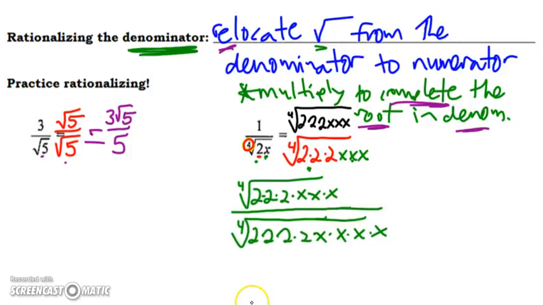And the reason why I was doing this is because I need 4 of something. Down here, the fact that I have 4 2's means I get to pull out a 2. And the fact that I have 4 x's means I get to pull out an x.